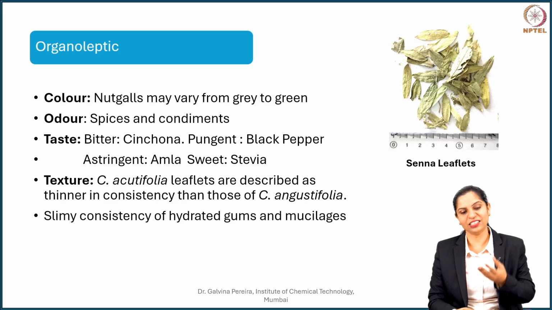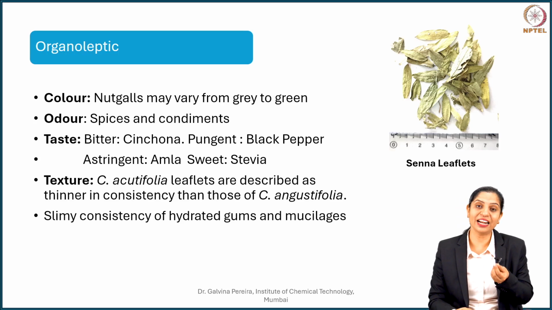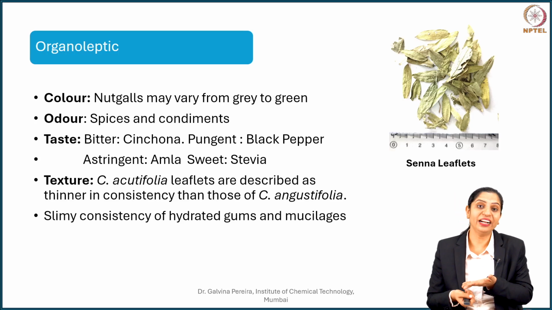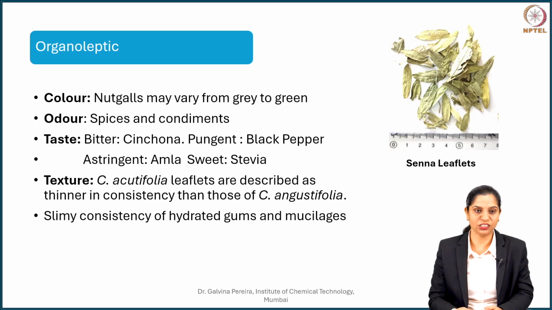Now in certain cases you can understand the drug just by feeling it. Say for example, some drugs like Cassia angustifolia and acutifolia. If you see your angustifolia, they are a little thicker, whereas your acutifolia are thinner. So if you take both leaves, the thicker one is definitely your Indian variety, and that is your angustifolia.